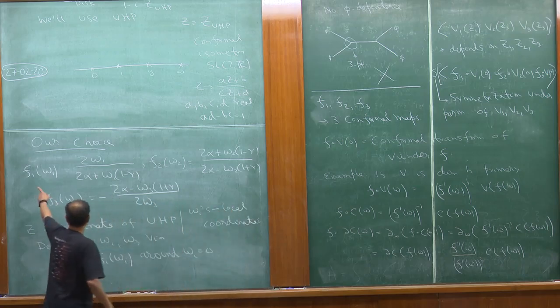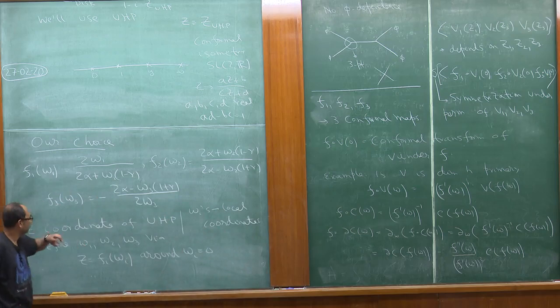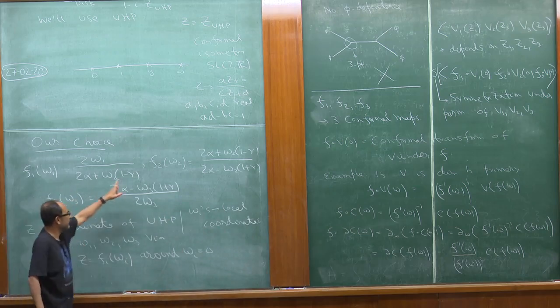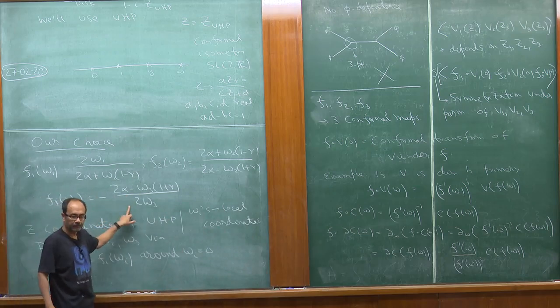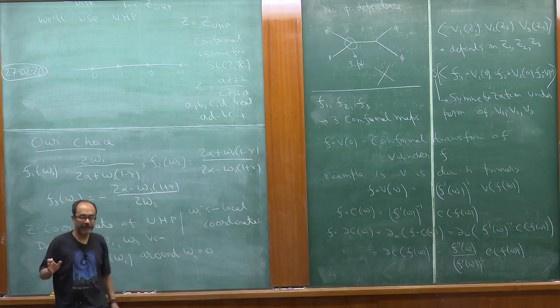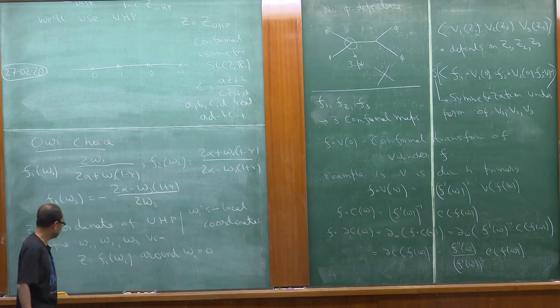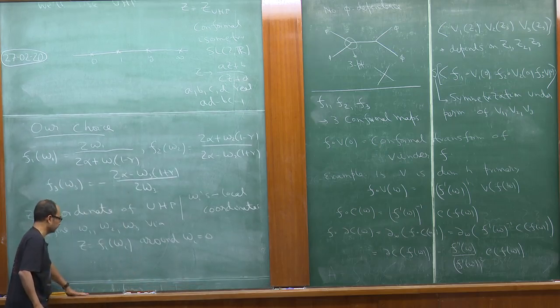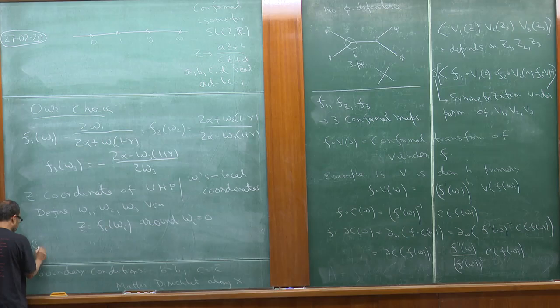Okay, so now let's see what is so special about these. First, you see that each of these is an SL2R transformation. It's not necessary, but it will make our life infinitely simpler. So that's the first point: SL2R.